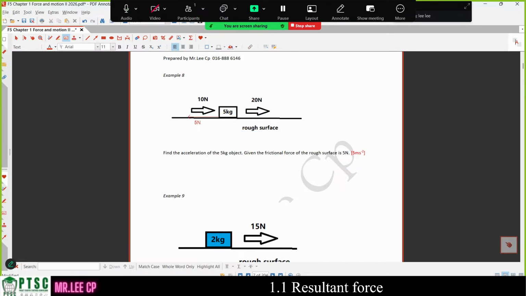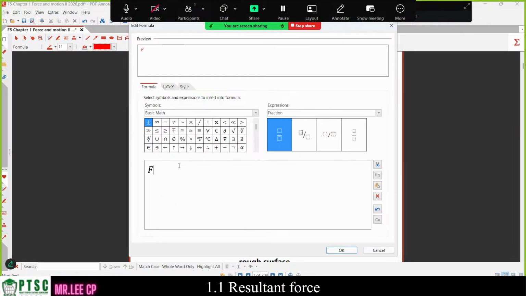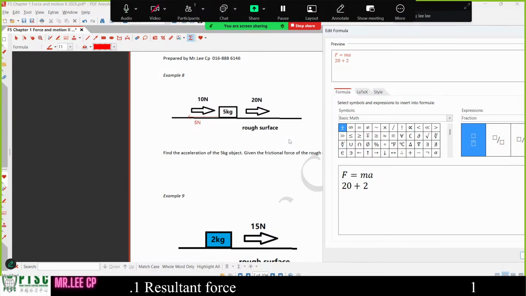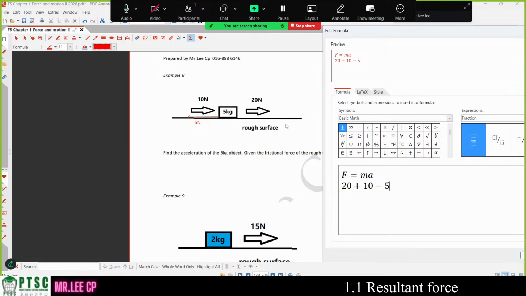Okay, so find the acceleration. F is equal to ma. F is 20 plus 10, minus the thing that is against you, 5. Total going to the right is 30, and this one is against the 30.